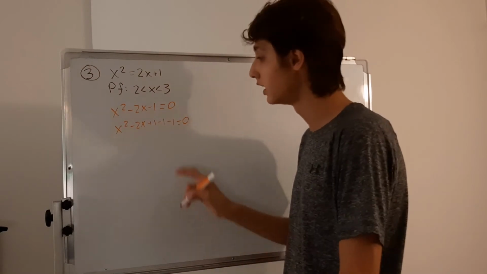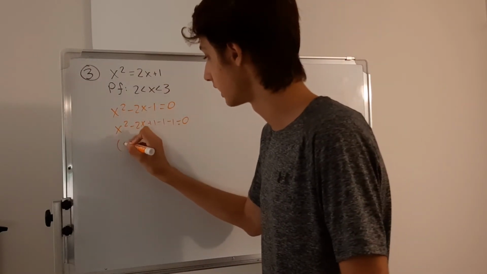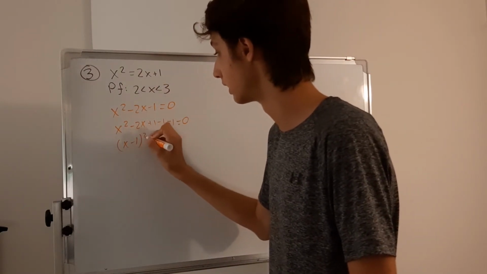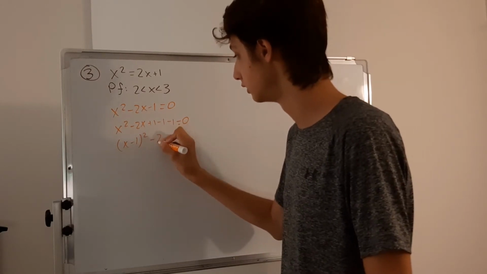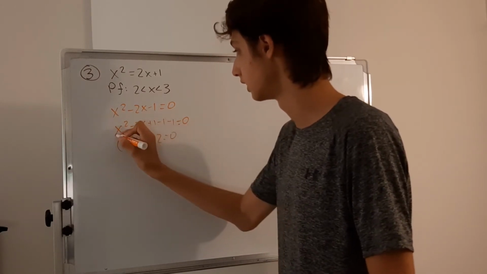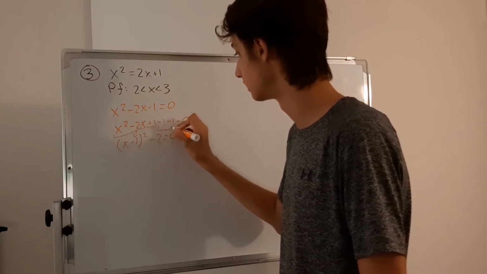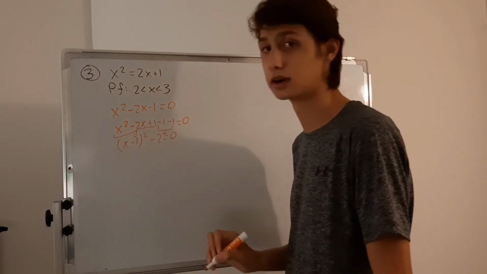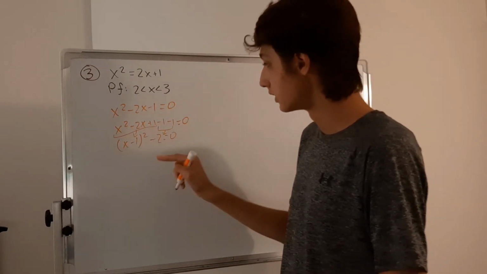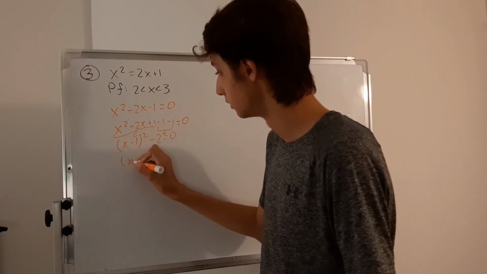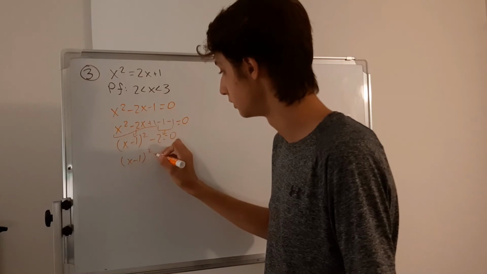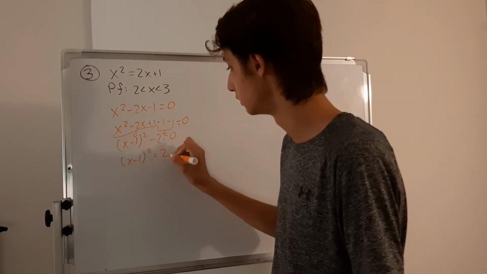So why did I do that? That is so that we can do this: x minus 1 squared, minus 2 is equal to 0. So this stuff goes there, and then this stuff goes right there, okay? From this, we can add 2 on both sides, and so that is equal to 2.